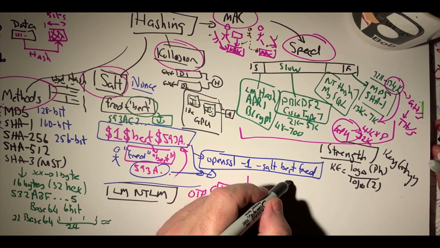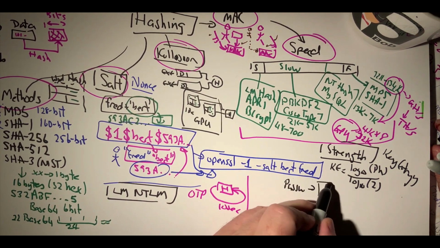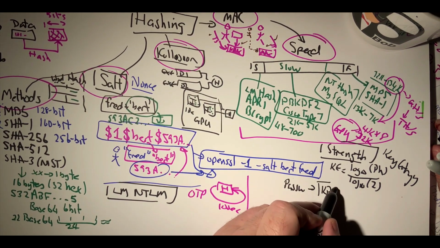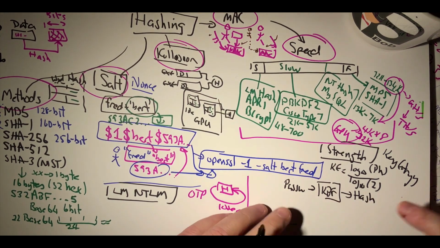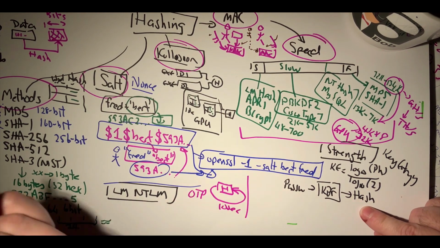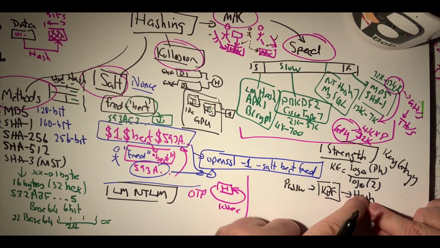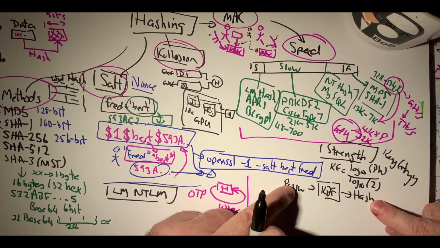What we do is take a password and put it into what's called a key derivation function, and the output will be a hash value. So really the strength of the hash relates to the number of passwords that we have.